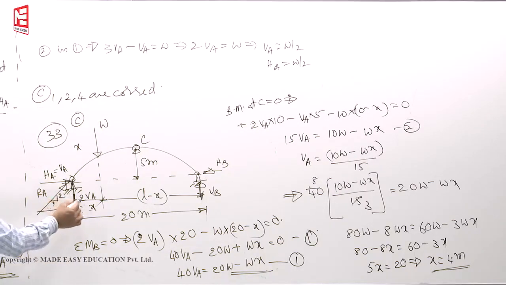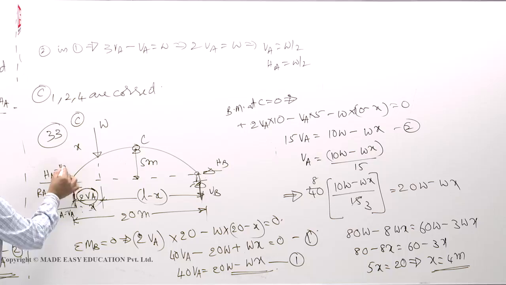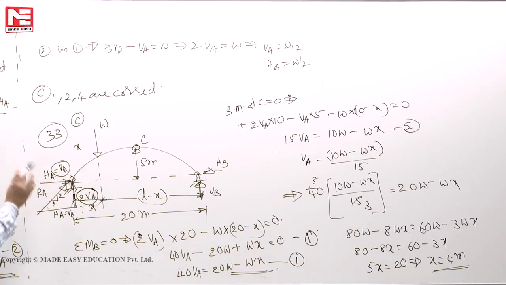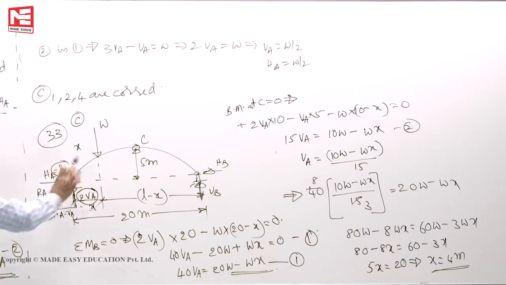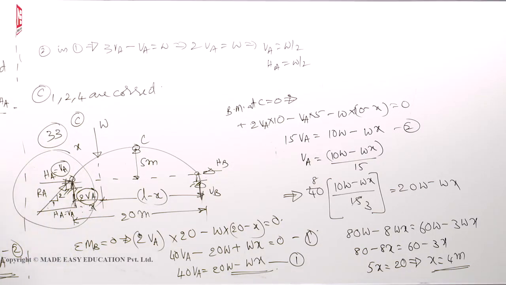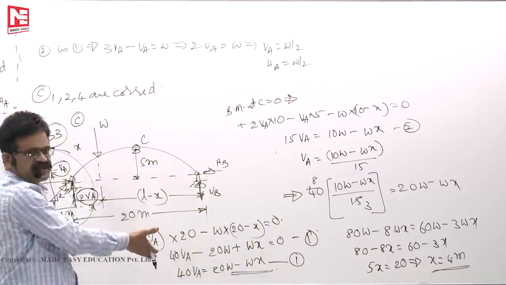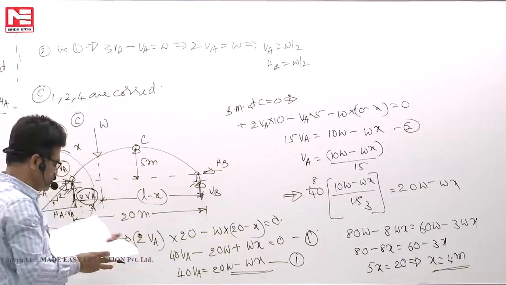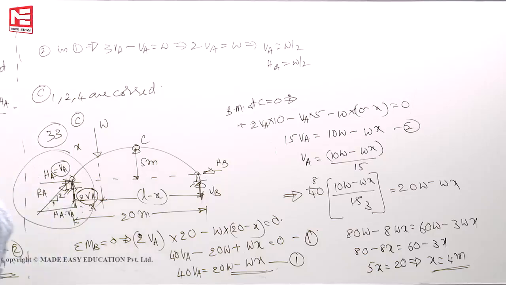If this reaction is 2VA, horizontal reaction must be VA. Then the resultant reaction will make an angle of inclination of 2 vertical to 1 horizontal. This is the core part of the problem. Once you fix that, this is again 2 simultaneous equations solving without the calculator.